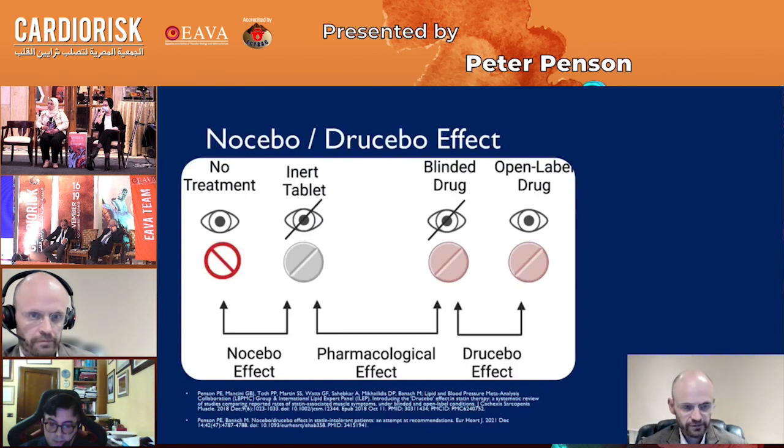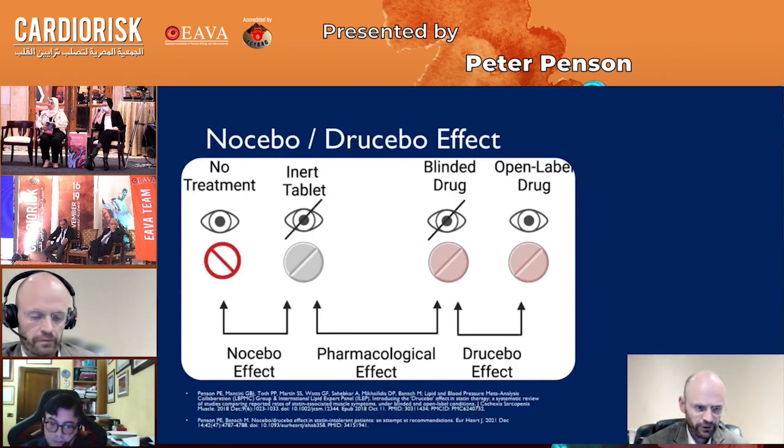We're very familiar with the idea of the placebo effect, that taking an inert substance can make us feel better. The counterpart to that is the nocebo effect, that if people take a drug which they expect to do them harm or expect to make them feel harm, then they will often experience adverse events.